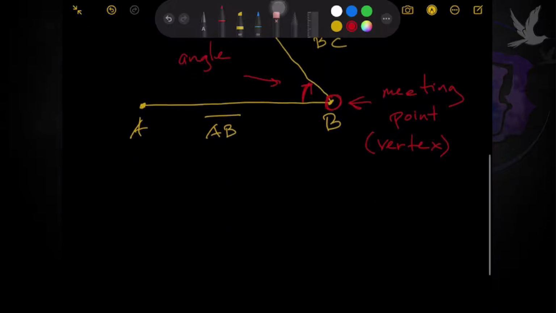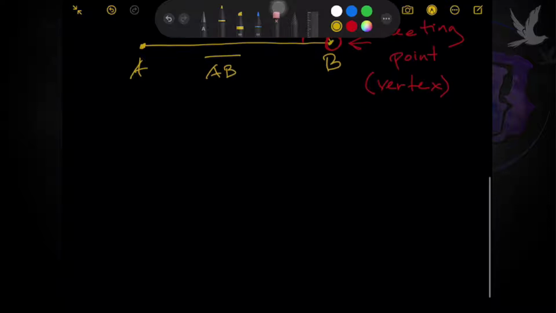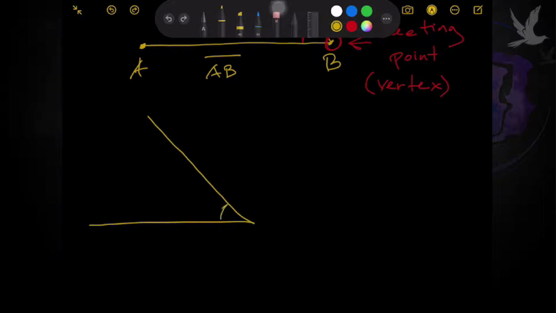So angles are openings formed by a combination of 2 lines. For example, these 2 lines are combined, which means an angle is formed. This is also an angle. This is also an opening. It opened from this point going to this point, so this is also an angle.